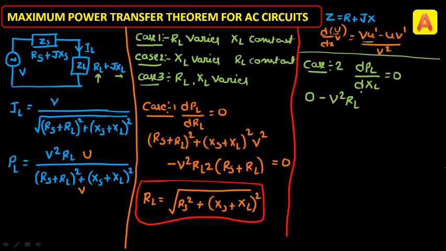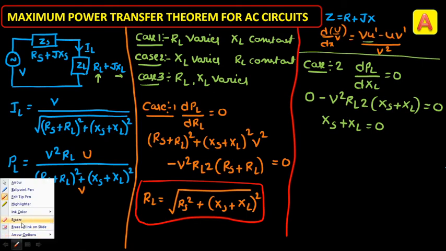V dash is 2 into (XS plus XL). Taking V square to the right hand side it becomes 0, so XS plus XL is equal to 0.